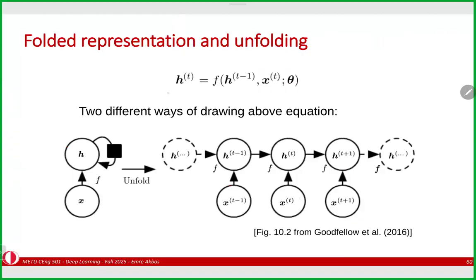We can express this mathematical notation using graph notation. So you have x here, h here, and this thing with the black square means we are feeding the one time step previous value of it to itself, and the unfolded notation is as such.